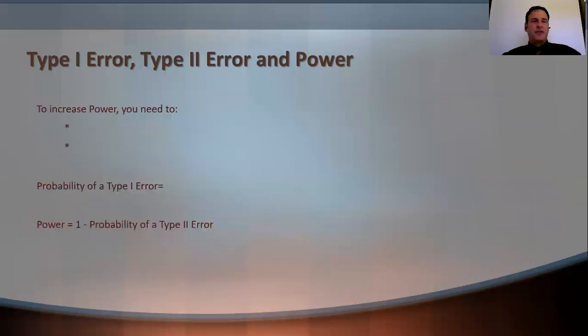All right, now a couple things you need to know about power. Power first. If you want to increase power, you need to increase your sample size. Now think about what our formulas look like, and I'll write the first one here. It's x bar minus the mean over s sub x divided by the square root of n.